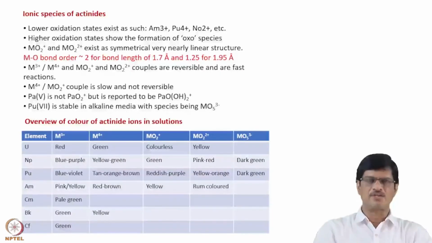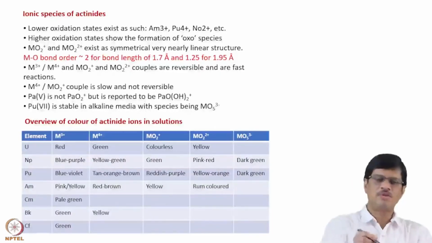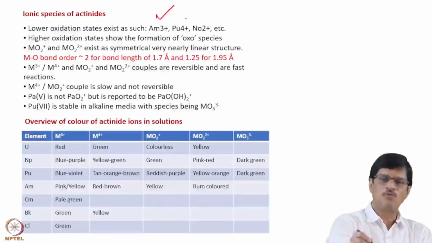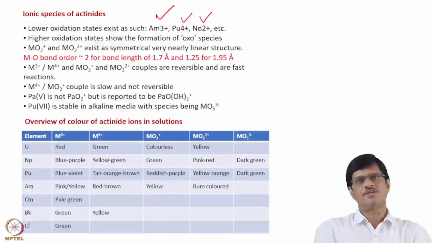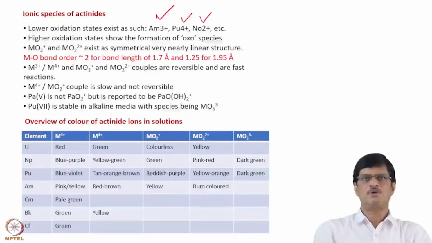You can see, for example, americium 3+, plutonium 4+, and nobelium 2+. So these exist in these +3, +4, and +2 charged species in the aqueous medium. On the other hand, the higher oxidation states show the formation of the oxo species as shown below.